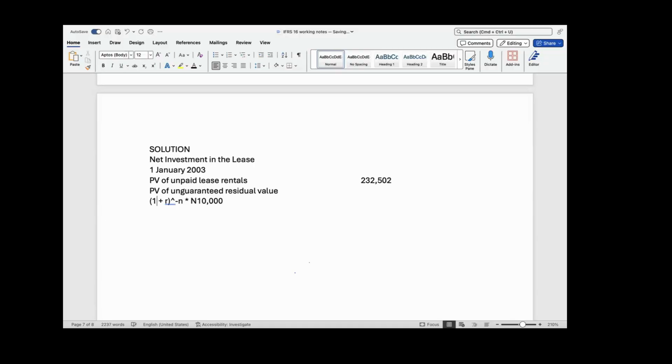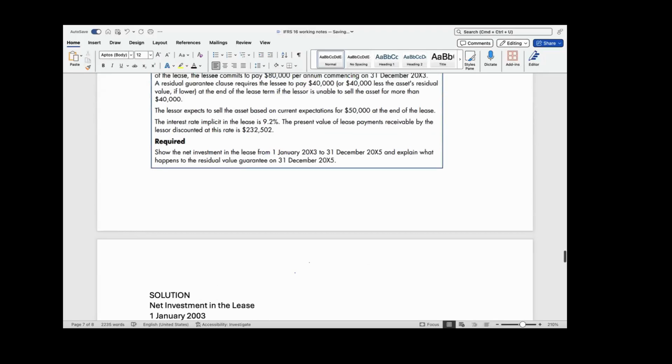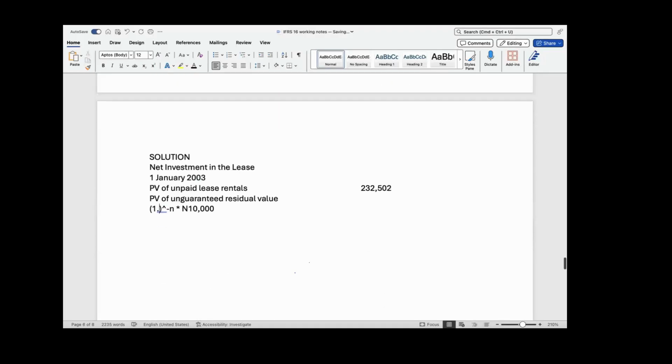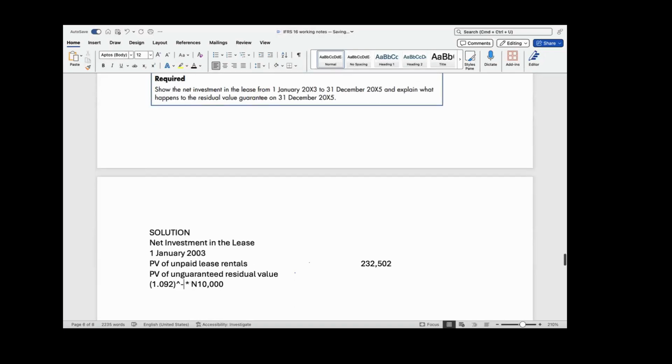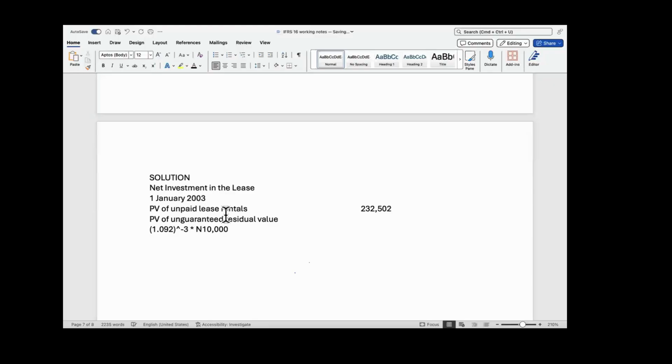Then 1 plus R, this is 9.2%, that'll be 1.092 raised to power minus N. What is the lease term? That's 3 years. So what do we have? 1.092 raised to power minus 3 multiplied by 10,000. What does that give us?